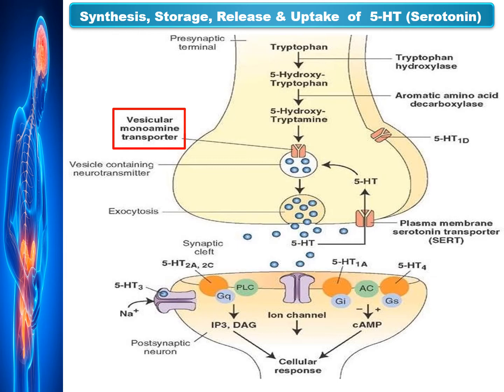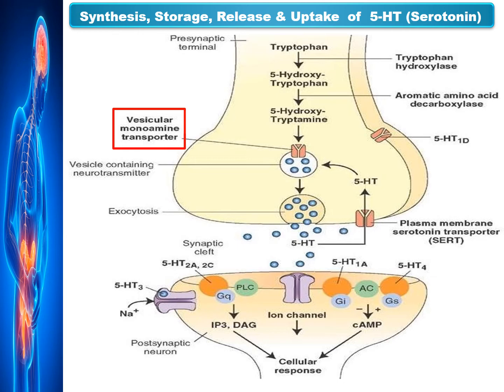Then, due to the neuronal impulse conduction, the coupled release of 5-hydroxytryptamine takes place by the process of exocytosis. So all the vesicular content including 5-hydroxytryptamine are poured out.